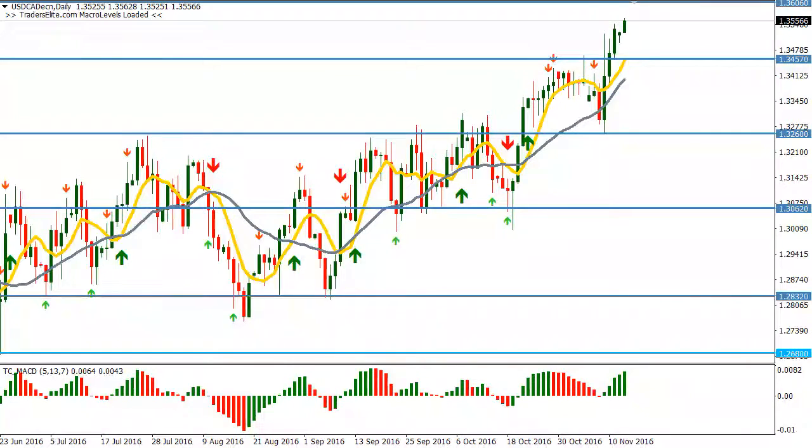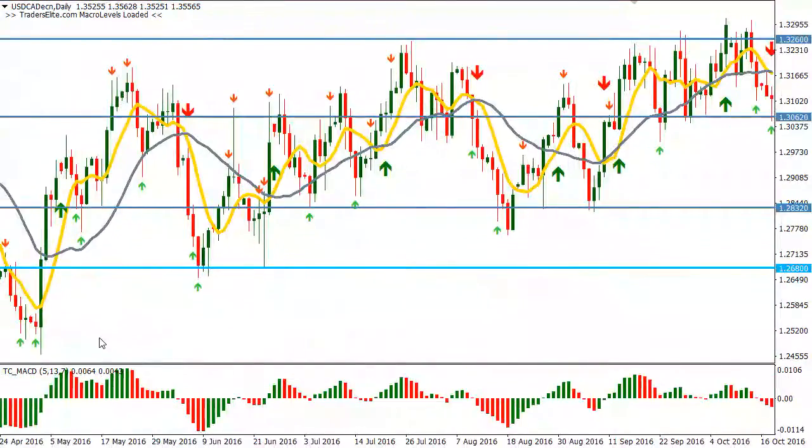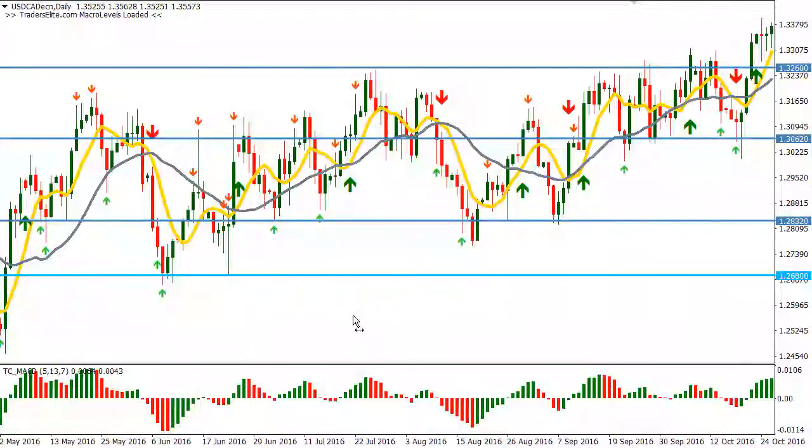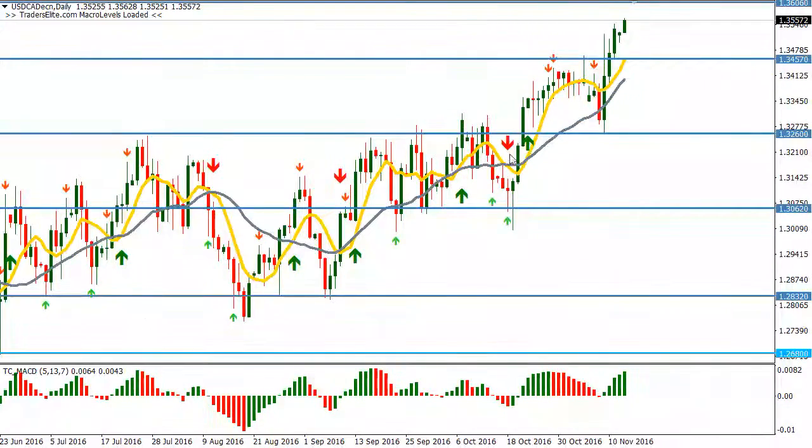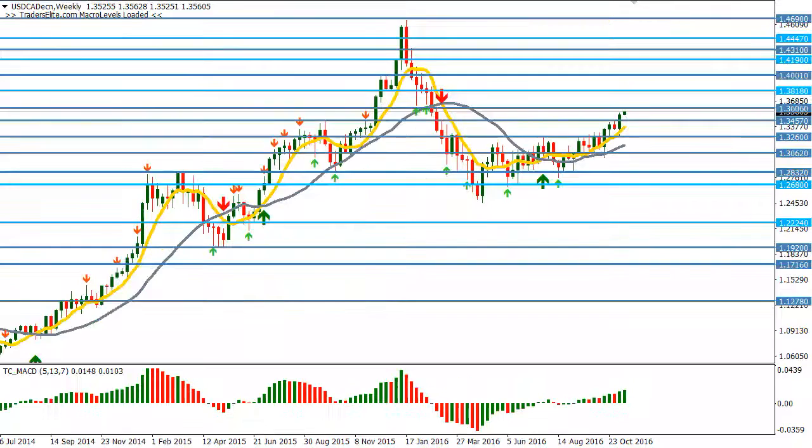On the daily, it's been in the midst of this upward trend trade, technically, since September and even beyond. If you can see it back towards around May, it's been pretty much going up during that time. And if we look at the weekly chart, you can see here that this is where it occurred on the trend trade, and of course with a price flip here on the weekly charts.